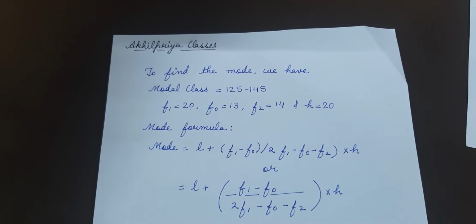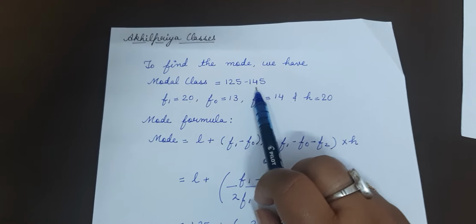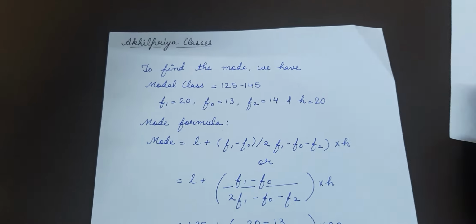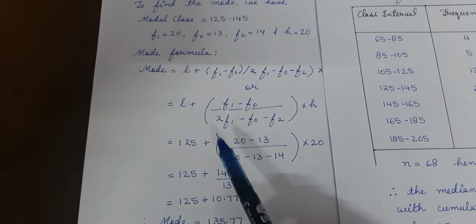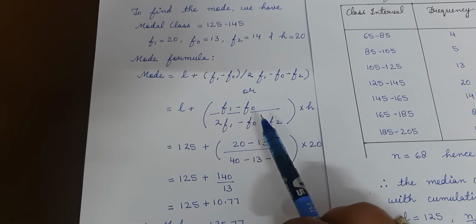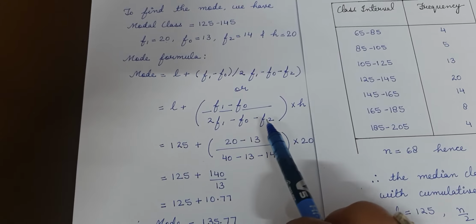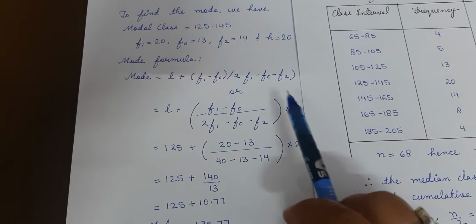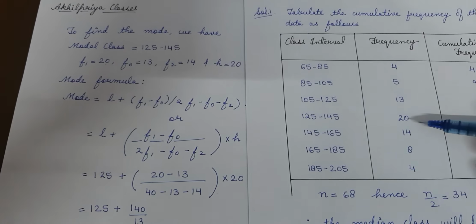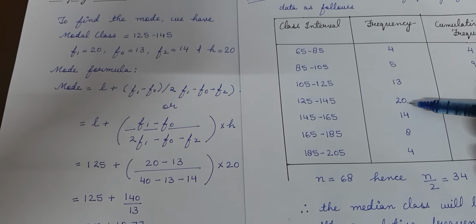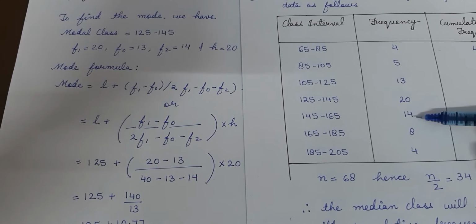In order to find the mode, the modal class remains the same, 125 to 145. The formula for calculating mode is equal to L plus f1 minus f0 divided by 2f1 minus f0 minus f2 into h. Here the value of f1 is 20, the value of f0 is 13, and the value of f2 is 14.